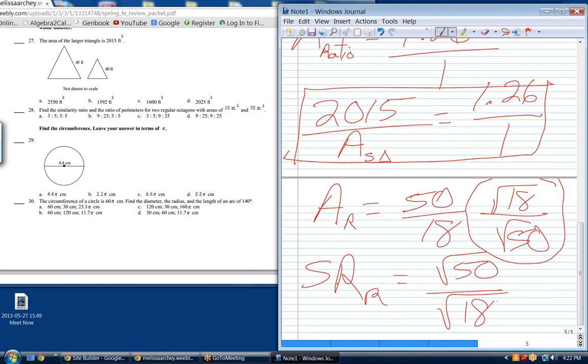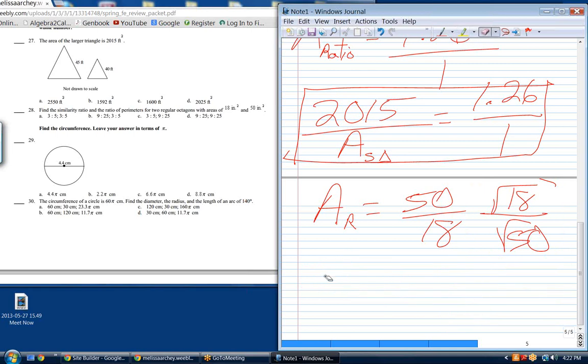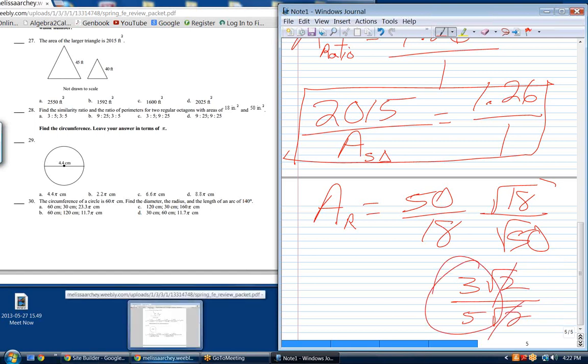Let's see. What is that? Square root of 18 is 3 square roots of 2. The square root of 50 is 5 square roots of 2. There's your similarity ratio.